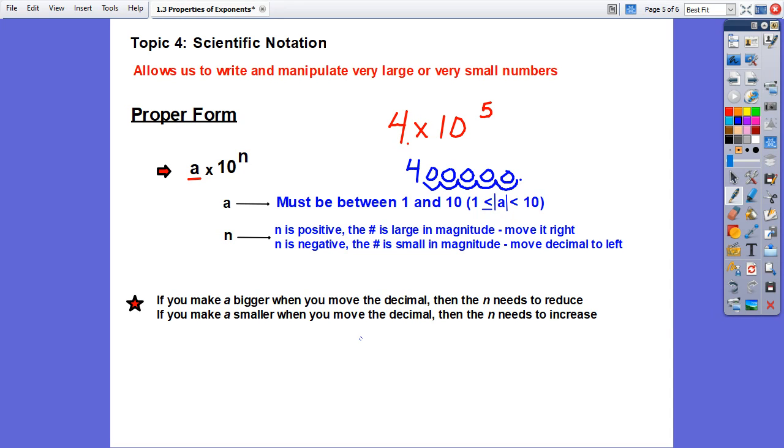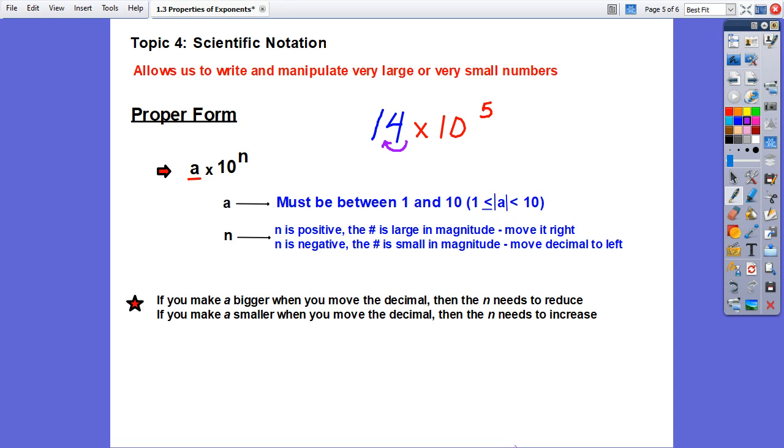But I also want to take a look at something down here at the bottom that will help as well, because sometimes we get things mixed up. Let's say it was something like 14. That is not in scientific notation because 14 is not between 1 and 10. So what I want to do is take the decimal, which is here, and move it this way. And when we move it that way, what students have a tendency to do is go, oh, we move it to the left, so my value needs to shrink.